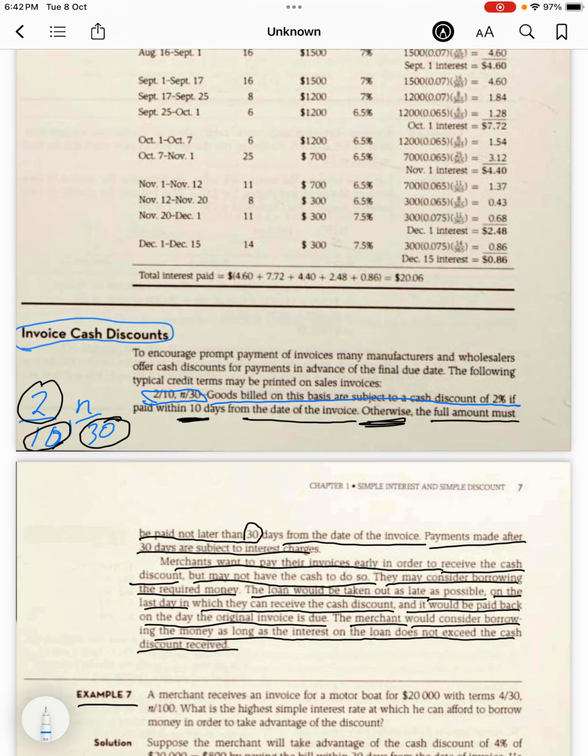The following typical credit terms may be printed on sales invoices. If you see two fractions like 2/10, n/30, it means that you have a discount of 2% if you pay within 10 days.